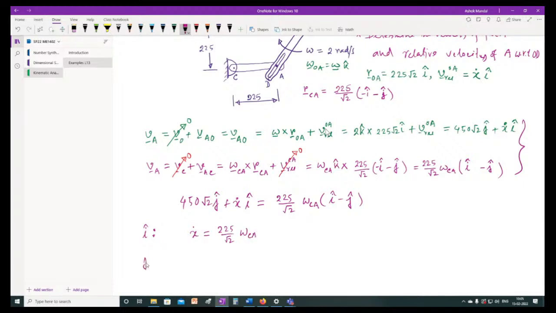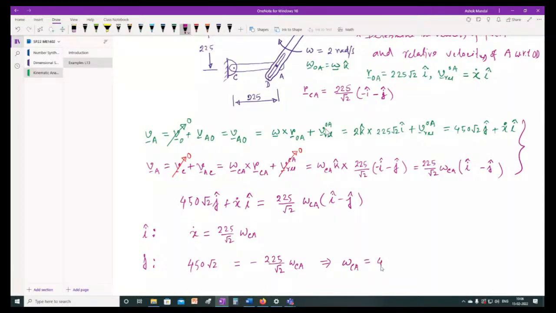And coefficients of j cap: 450 root 2 j is equal to minus 225 by root 2 omega CA. So can you tell me what is the value of omega CA from this?